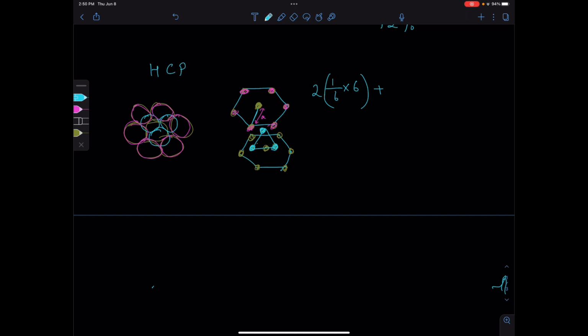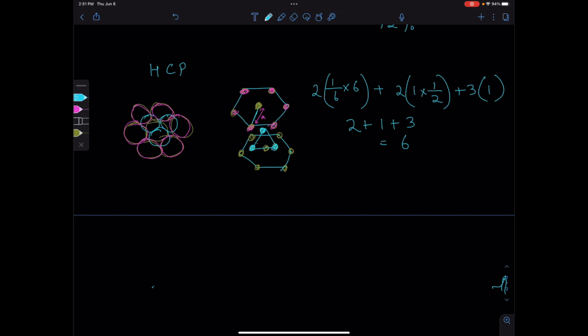And there are two of them, so it's 2 times 1 times half, plus the ones that are filling the void and that are in between the two hexagons. They are present only in this lattice cell. They are totally inside. So each atom is totally inside the lattice cell. So it's 3 times 1. So this gives us 2 plus 1 plus 3. So there are 6 atoms per unit cell.